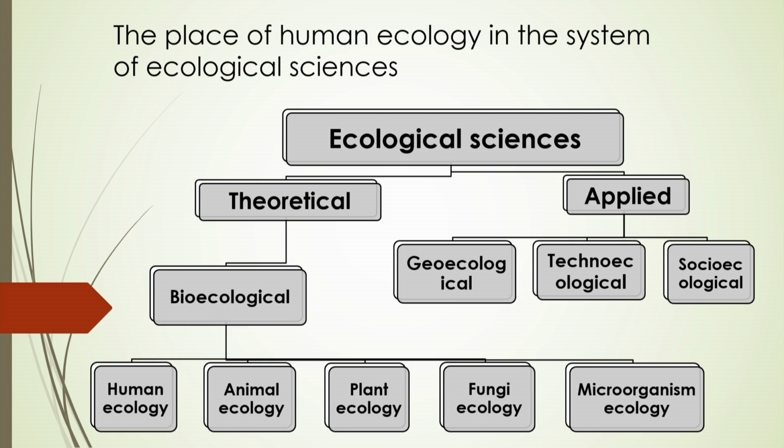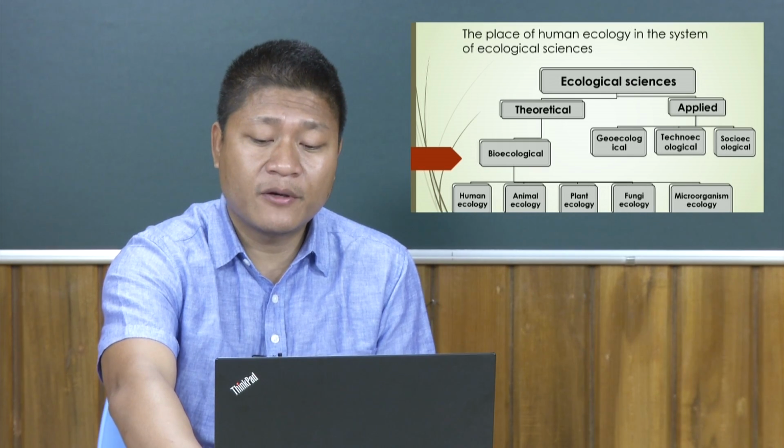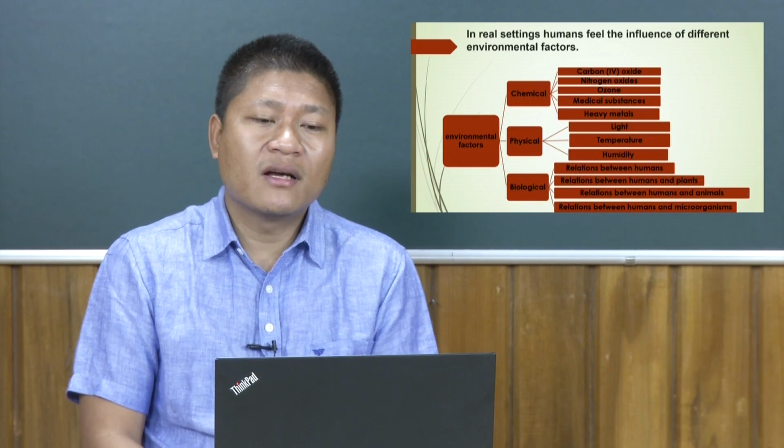Now, if you look at the different sub-disciplines of the ecological sciences, of which human ecology is one, within the bioecologicals you have human ecology, animal ecology, and so on. For you to have a rough idea of how human ecology emerges out of these ecological sciences, which is more or less theoretical, it endeavors to come up with a lasting answer, because it begins with posing equations.